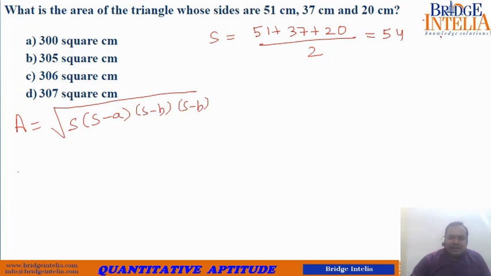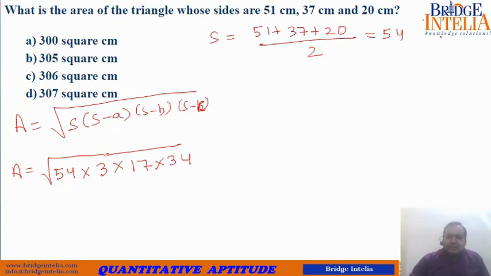Let's apply Heron's formula. So under root of 54 into (s minus a), so 54 minus 51, so 3, (s minus b), so 54 minus 37, so 17, into (s minus c), where c is 20, so 54 minus 20, so 34.